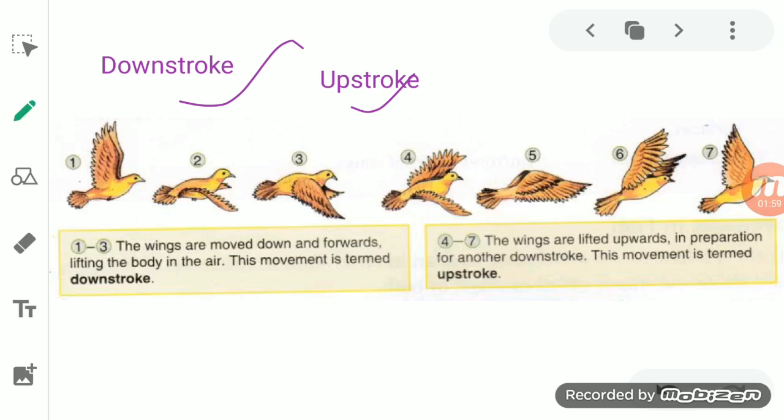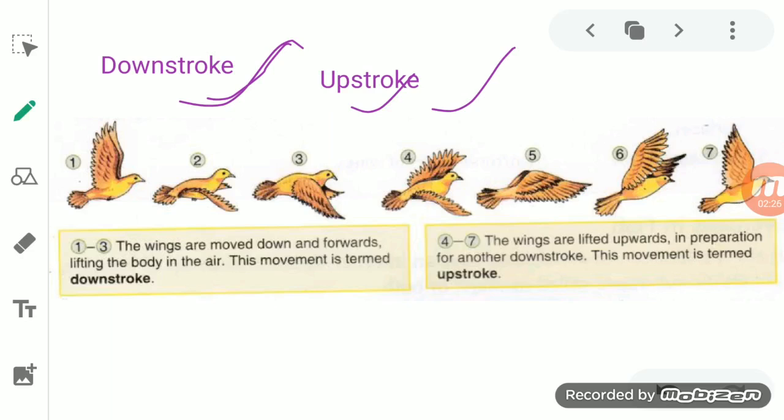So how does a bird actually fly, student? By constant flapping. When we use the term flap, it means downstroke and upstroke, the up and down movement of the wing, which is known as flapping. So the bird, while flying, continuously flaps its wings. What happens during the downstroke?